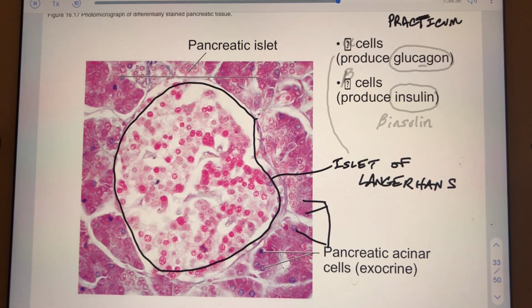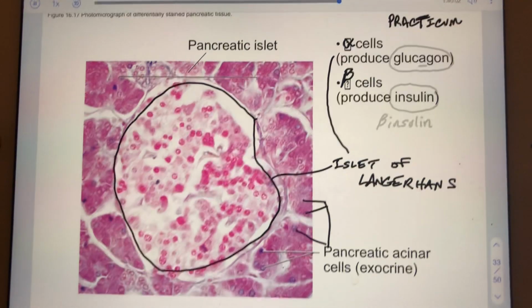Okay, and therefore a cluster of alpha cells and beta cells. I'm never going to ask you, is this particular cell an alpha cell or a beta cell? I just need you to know that in an islet of Langerhans, we will find both alpha cells and beta cells.